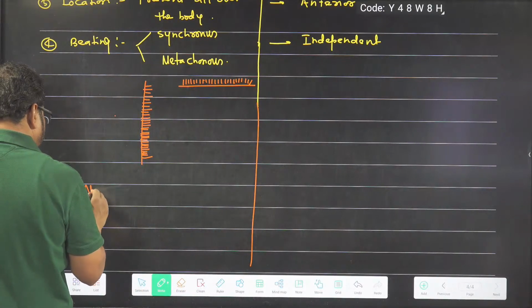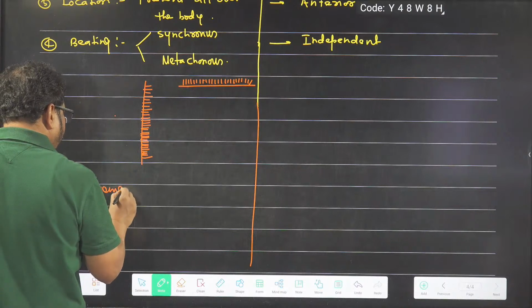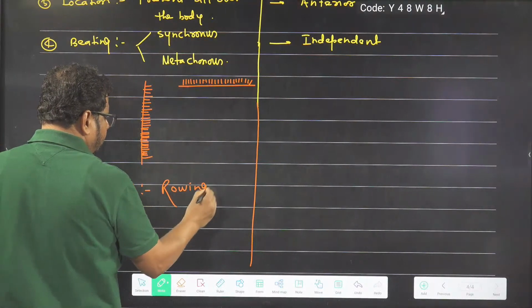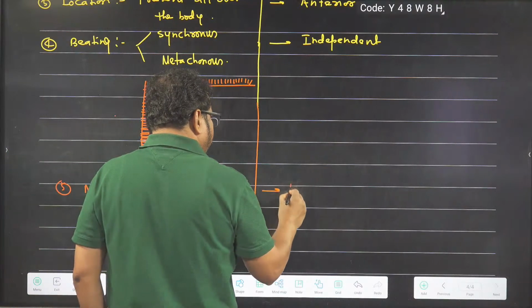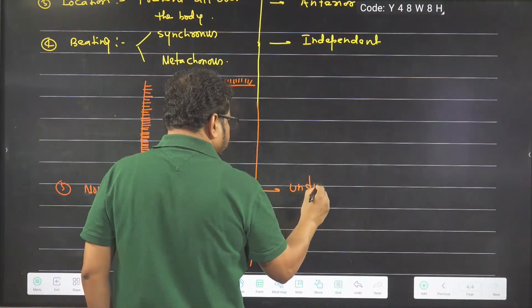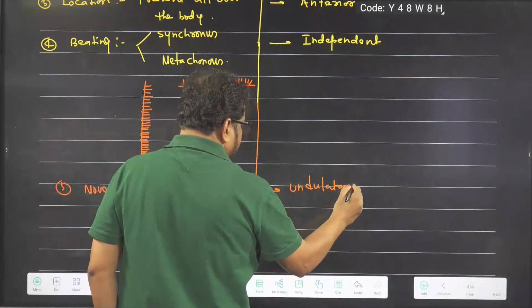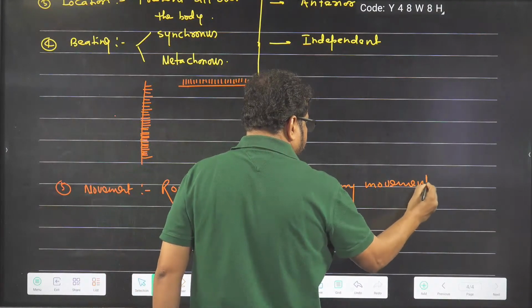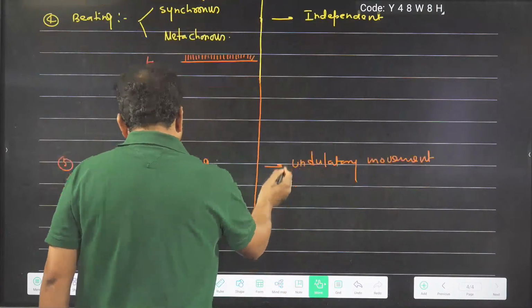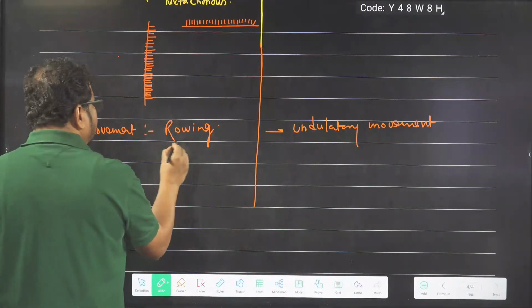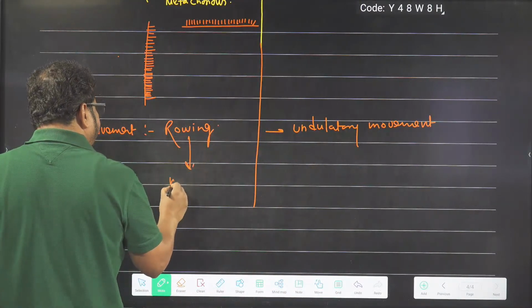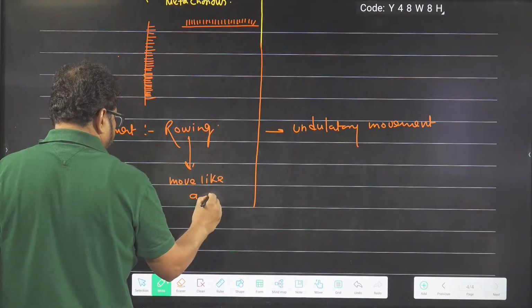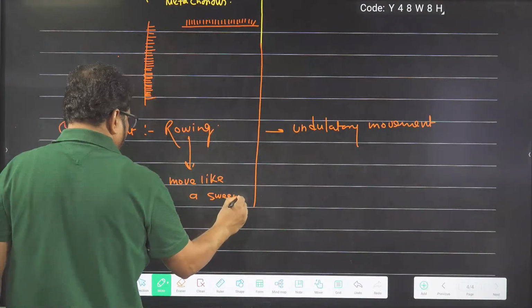Now I am going to tell you about movement. It is called rowing movement in cilia, and in flagella it is undulatory movement. What is the difference between these two movements? Rowing movement moves like a swimmer.